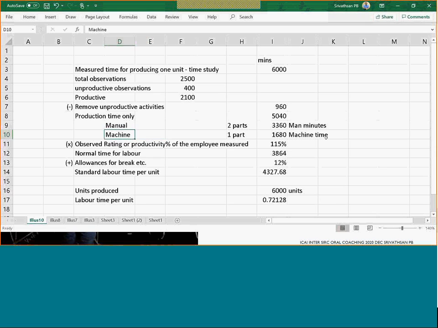This time is not impacted by efficiency. This 115% is applicable only for manual. So manual time is 0.72 minutes per unit.